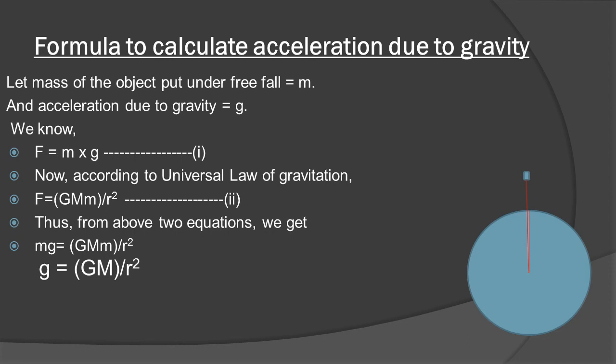So it is the same for all objects, whether heavy or light, of the same size, right? But this value of g, small g, meaning acceleration due to gravity, keeps on changing from place to place. We will discuss why and how in our next module.